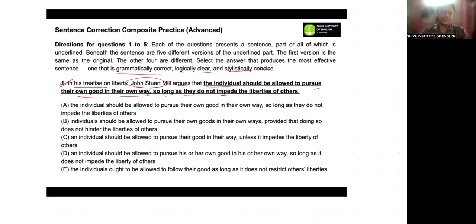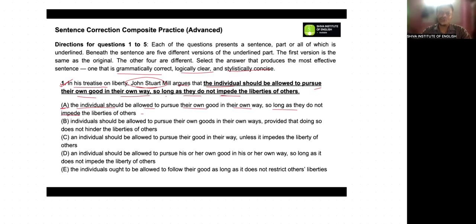Now, look at each option. What does the first option say? The individual should be allowed to pursue their own good in their own way, so long as they do not impede the liberties of others. This seems the same as the underlined part given in the question statement. As you know, in GMAT questions, the first option generally remains the same as the question statement. Now, why is option A wrong?